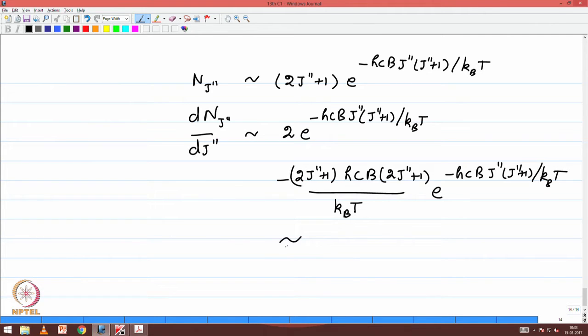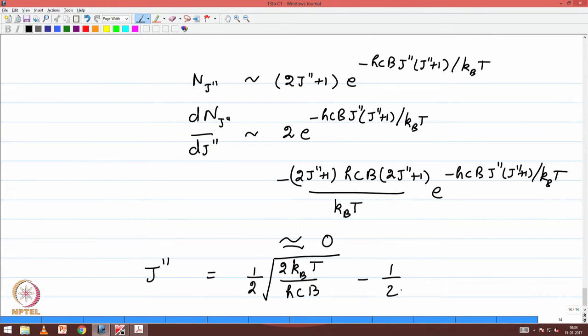And if you set this approximately equal to 0, you get a value for J double prime, and that is easy to write down. Let's write that down. It is the square root of k_B T by 2hcB, minus 1/2.